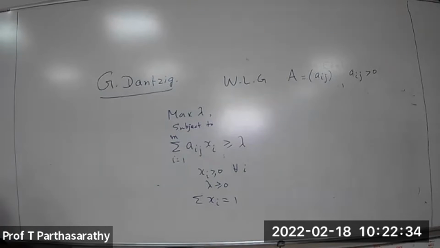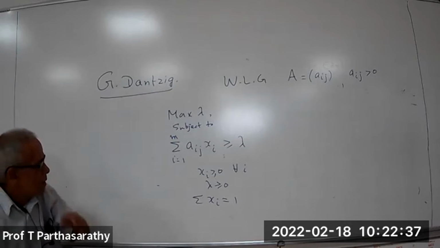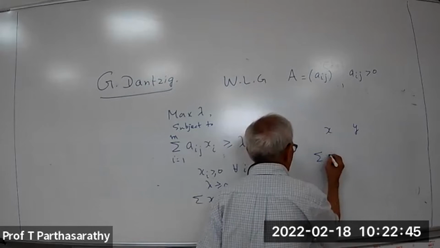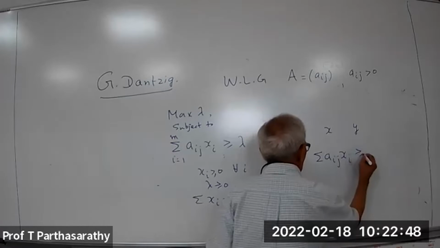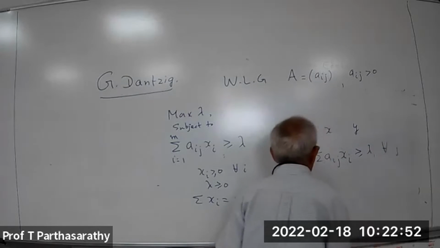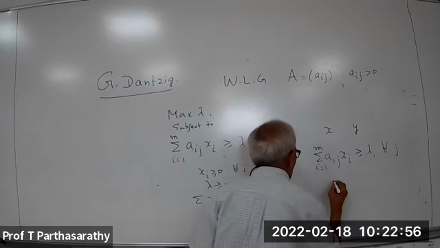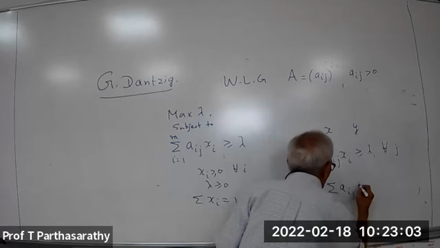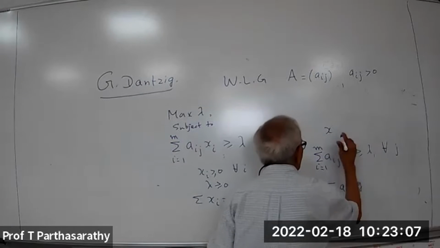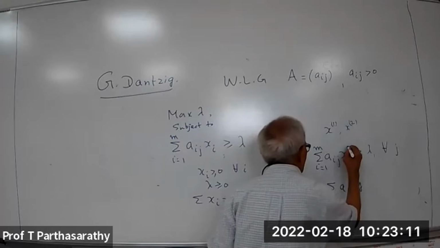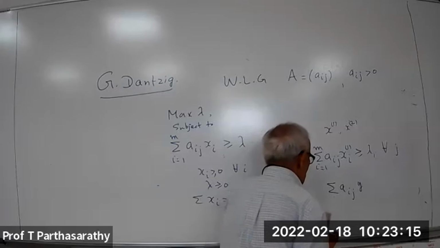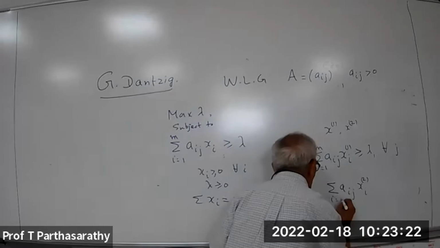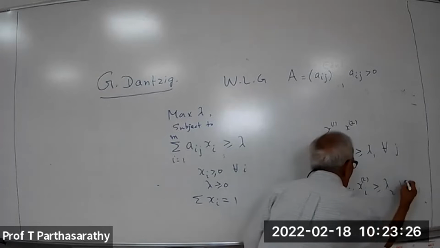Okay, let me explain this. Let me give you an interpretation of how it's done. See, suppose I have two strategies, x1 and x2, such that summation A_ij x_i1 for i equal to 1 to m is greater than or equal to lambda 1 for all j, and summation A_ij x_i2 for i equal to 1 to m is greater than or equal to lambda 2 for all j.